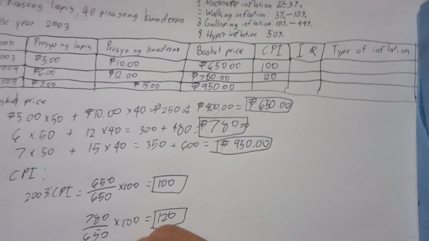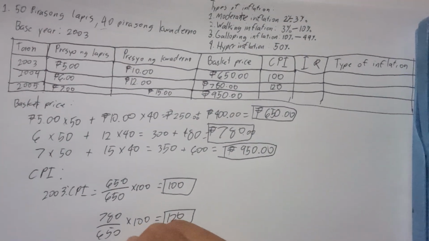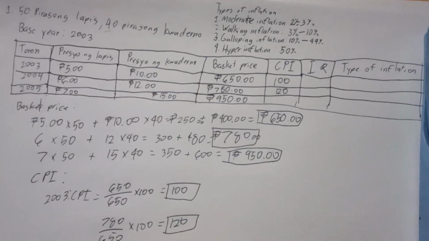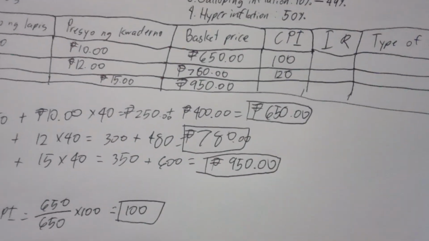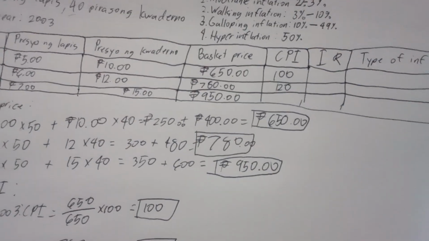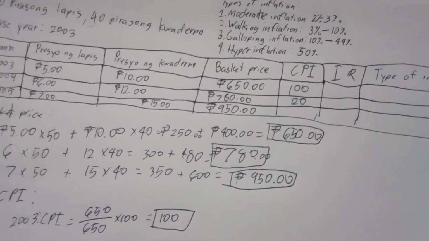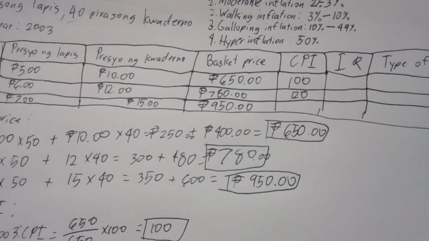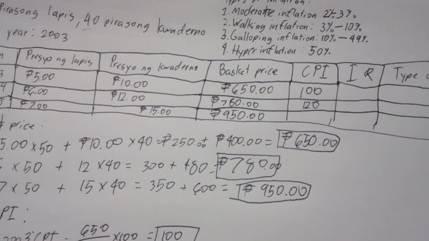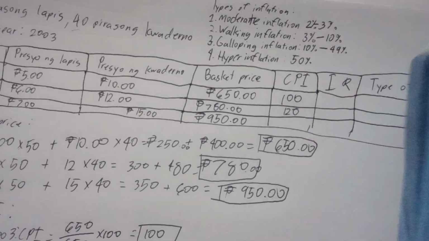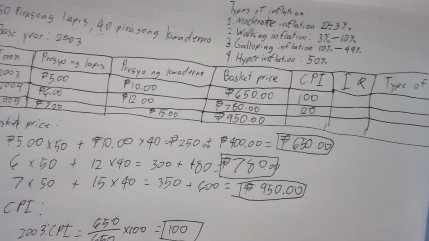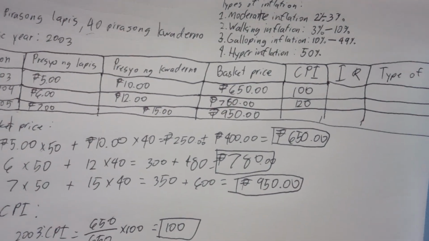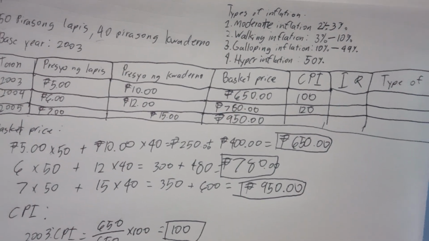For 2005 it is 950 divided by 650 times 100, which equals 146.15.